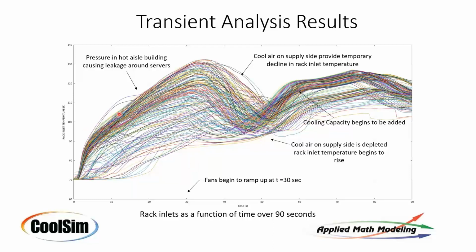This thing just goes really fast, and it's because of that inversion of pressure. It causes it to leak back through the grills, back through the blanking panels, the rack rails, the edges between the rack and the contained area all leak, and it pushes it back out into the room. It gets sucked into the intakes.